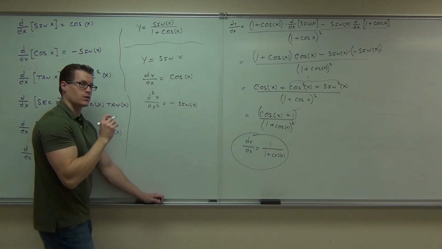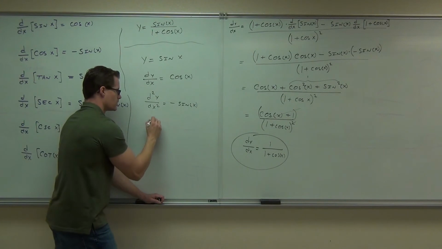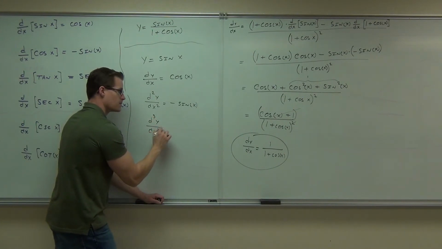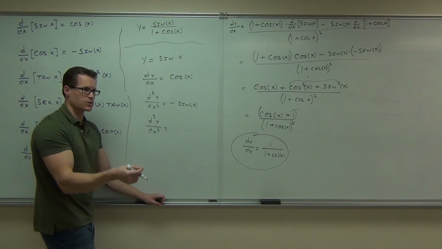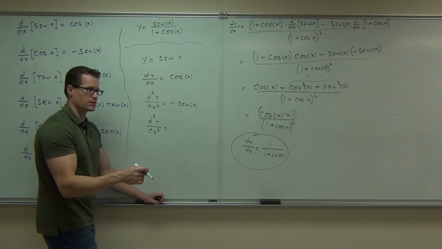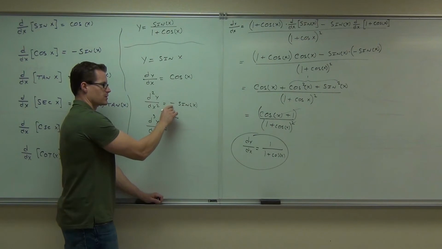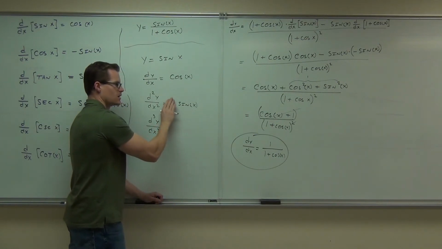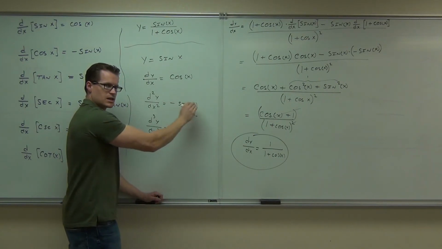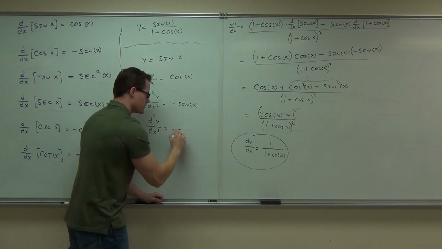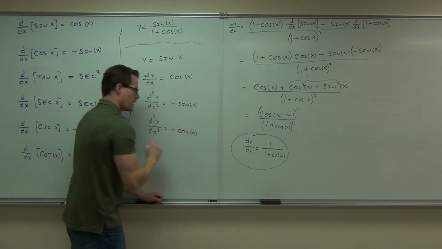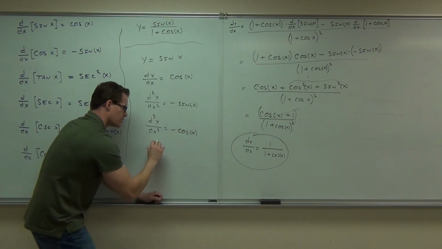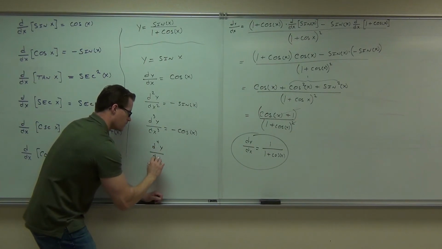What's the third derivative? Negative cosine x would be the third derivative. Are you with me on that? Negative cosine, because if we have negative sine x, the derivative of sine is cosine. How about the fourth derivative?